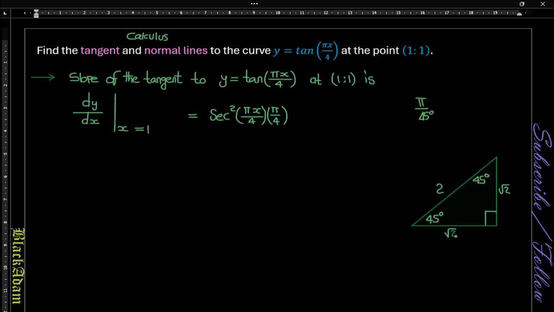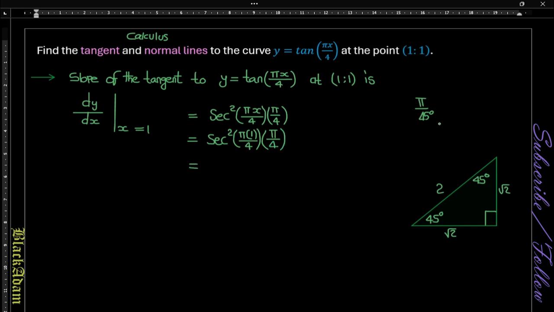Then we have sec squared of pi times x, where x is 1, over 4, multiplied by pi over 4.